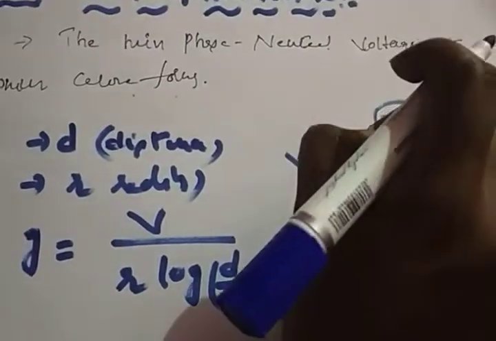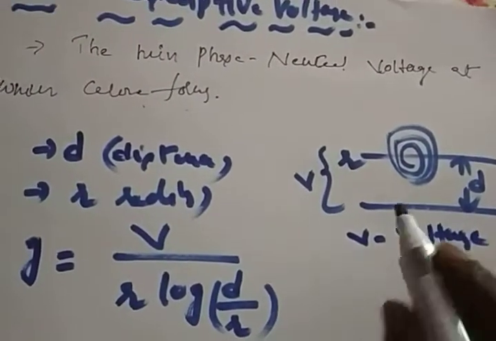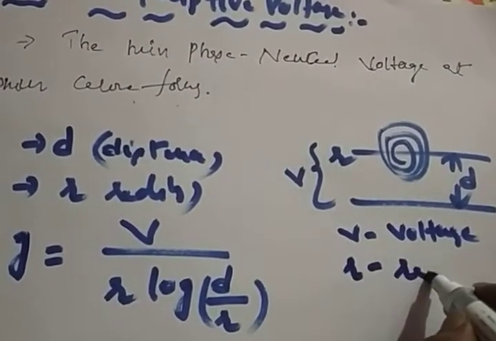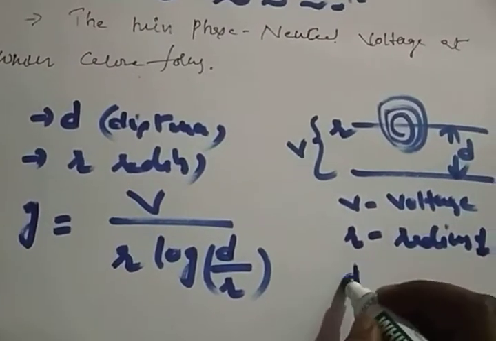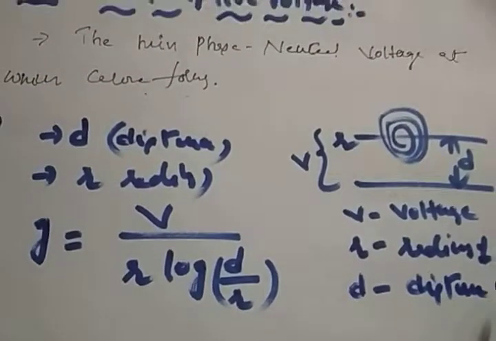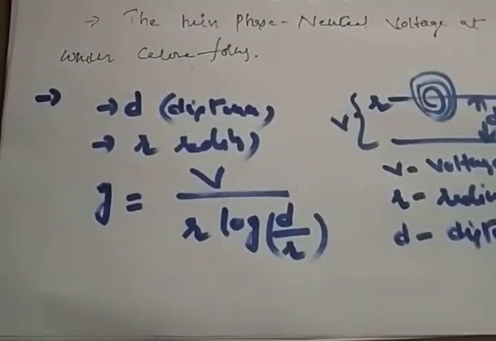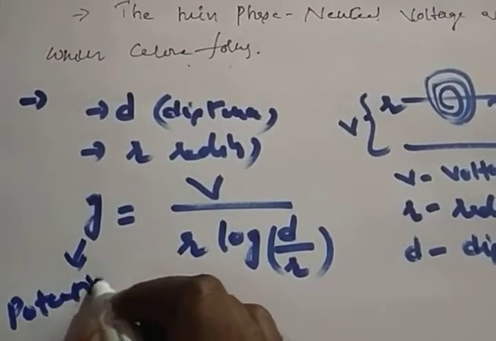At which gradient does the breakdown occur? That is the critical voltage. Here V is the voltage that you applied, r is the radius of the conductors, and d is the distance between the conductors. G is the potential gradient.